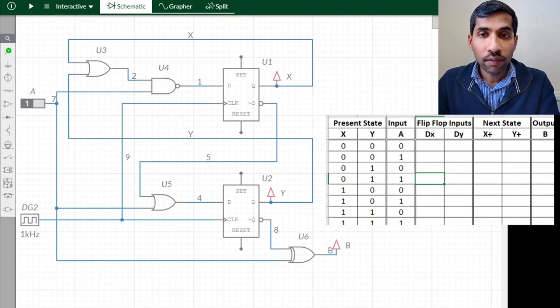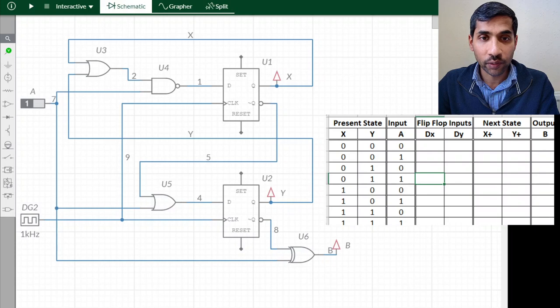Now if we are in state x, let's say, and x is 0, y is 0, and a is also 0, what is the output dx going to be? This point is what we are calling dx, and this d input, which belongs to the flip-flop which is setting the state y, we are calling dy, right?